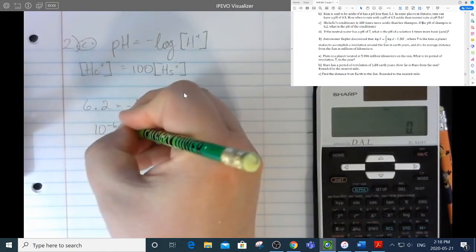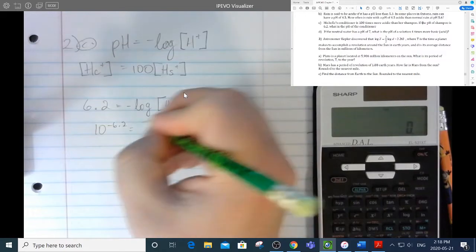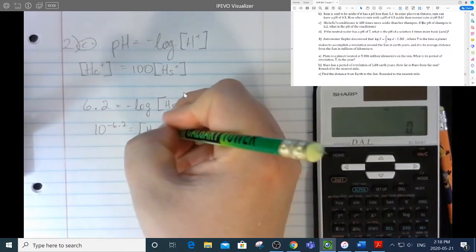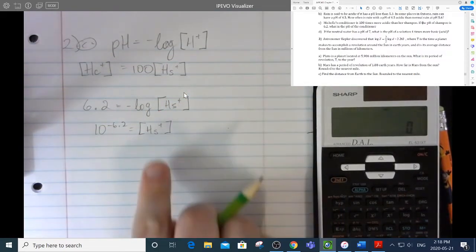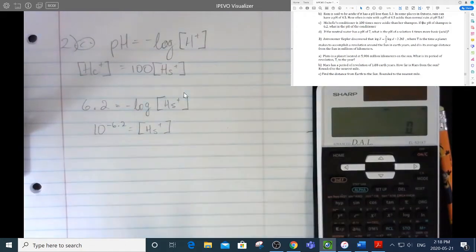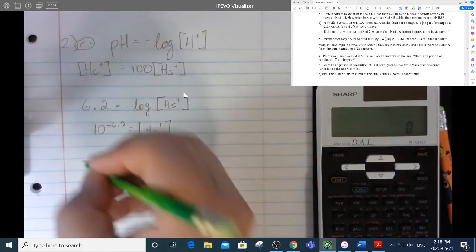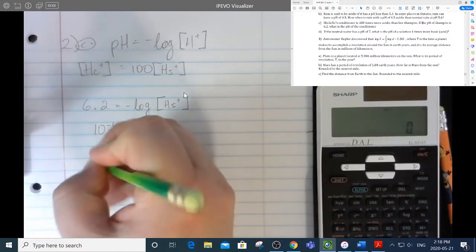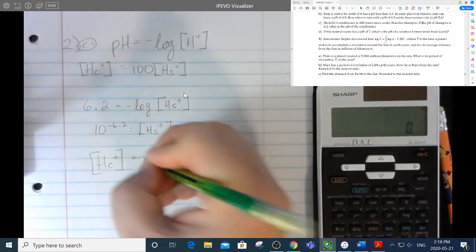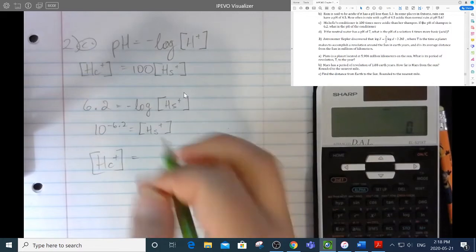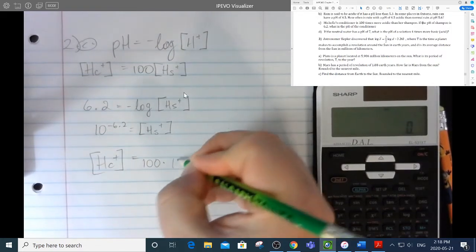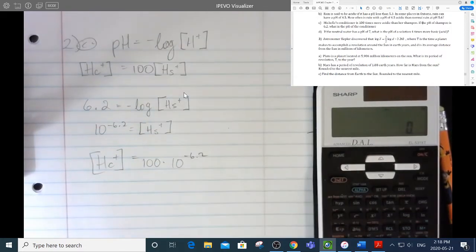So 10 to the negative 6.2 is equal to the concentration of HS. And I know that HS times 100 is equal to HC. So HC's concentration, the conditioner's concentration, is 100 times the number I just figured out. So 100 times 10 to the negative 6.2.